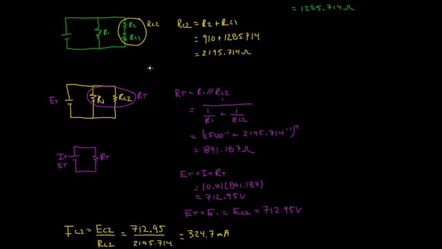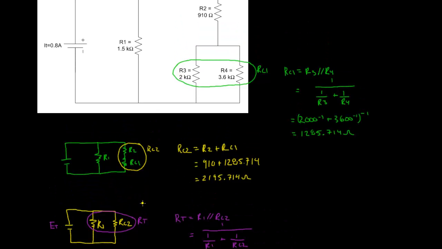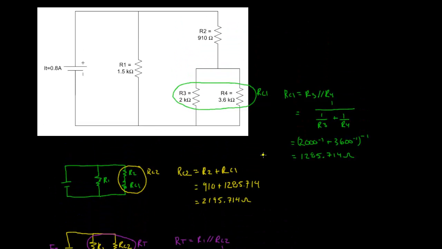Now where did the value RC1 come from? RC1 came from resistors R3 and R4 in parallel. This is RC1 down here. We just calculated the voltage drop here, 417.47 volts. But we know voltage in a parallel circuit is the same, so we also just calculated the values E3 and E4.